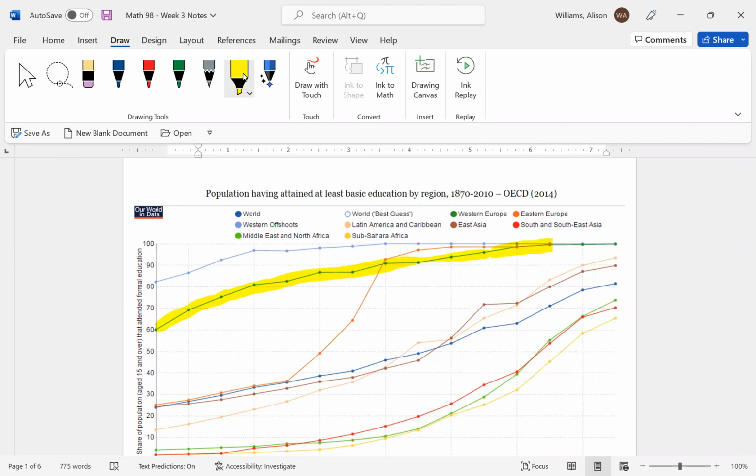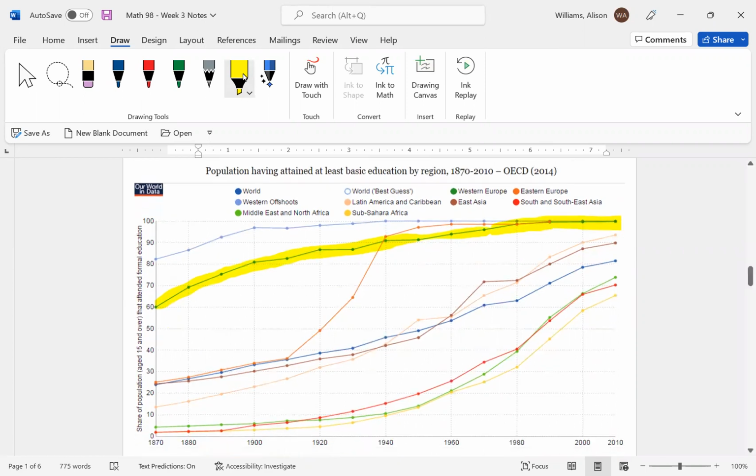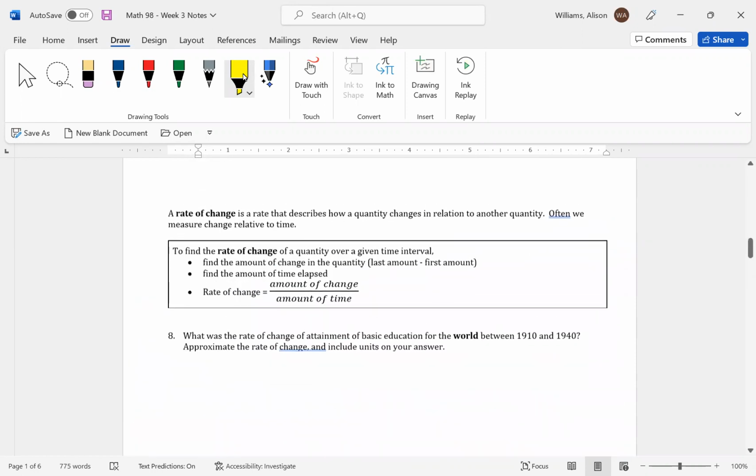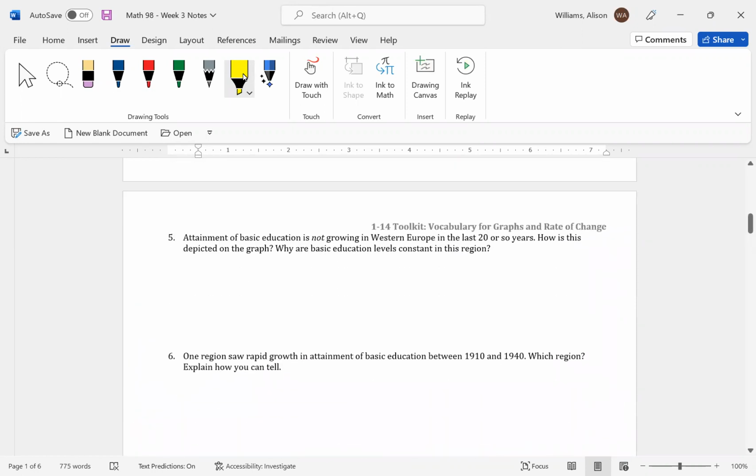It hits this point where it starts flattening out because it looks like it actually achieved 100%. All right. It looks like it's just a little bit below in 1980, but probably hits there very close to 1990. And they kind of imply that in the way they asked this question. So in the last 20 years or so.